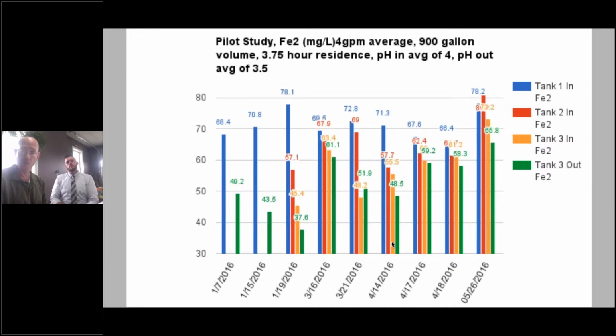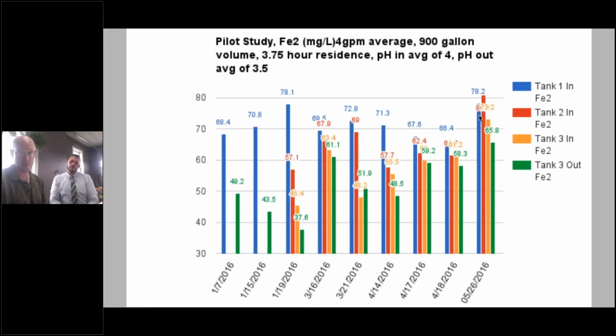And then you get to 414, you wait almost another entire month and you're still getting good rates, but it's nowhere near the removal rate of what we'd had on, say, 119. And the treatment rates get worse as you go into April, mid-April, to the point where, getting into May 526, the concentrations going into the second cell are even higher than they were going in.